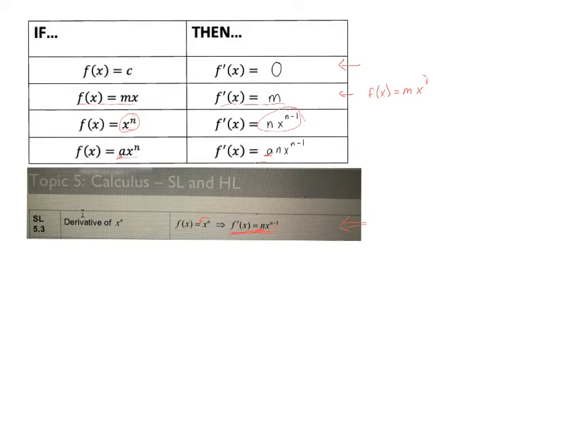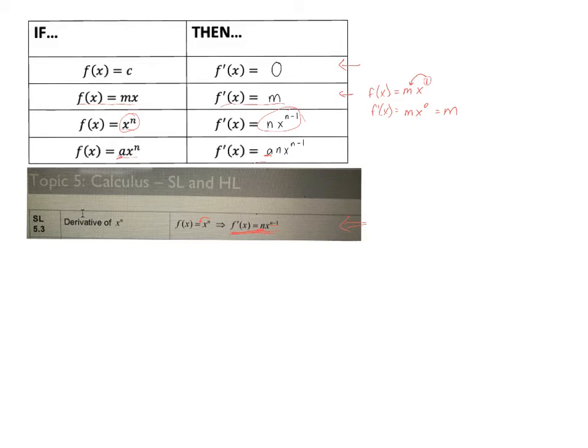So if I take the 1 and put it in front, that would be m times 1, which is still m, right? And then if I subtract 1 from the exponent, I would get x to the 0. And x to the 0, of course, is 1. And so m times 1 again is just m. So you can follow that rule.